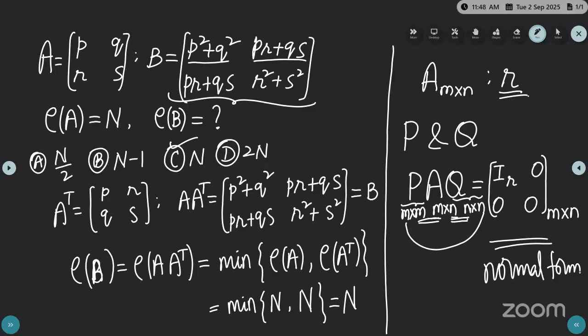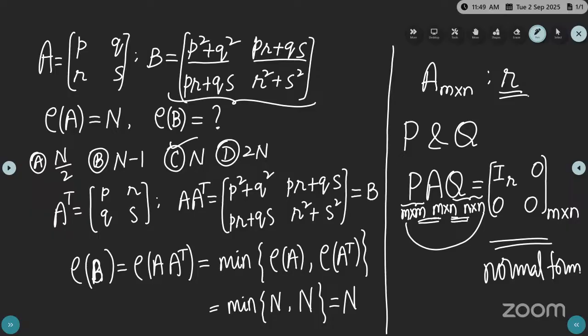What is the use of this rank? By using the rank of the given matrix, we can find the solutions of systems of linear non-homogeneous as well as homogeneous equations.